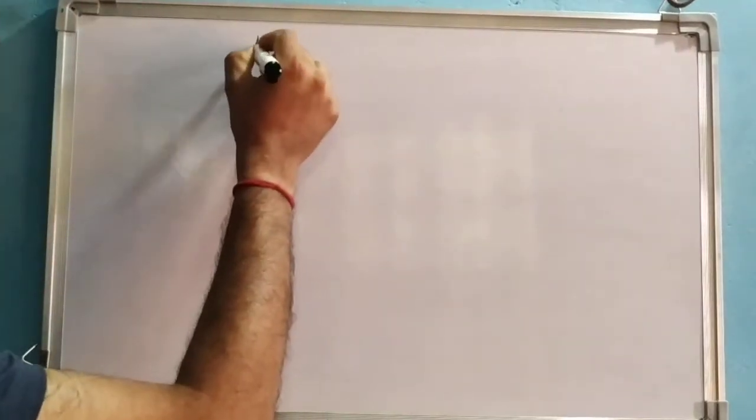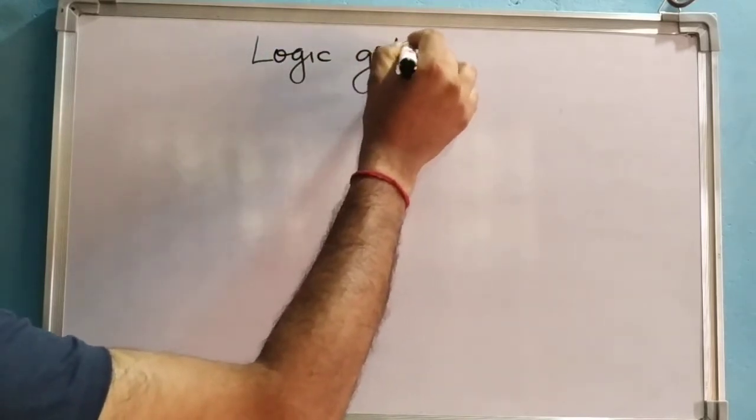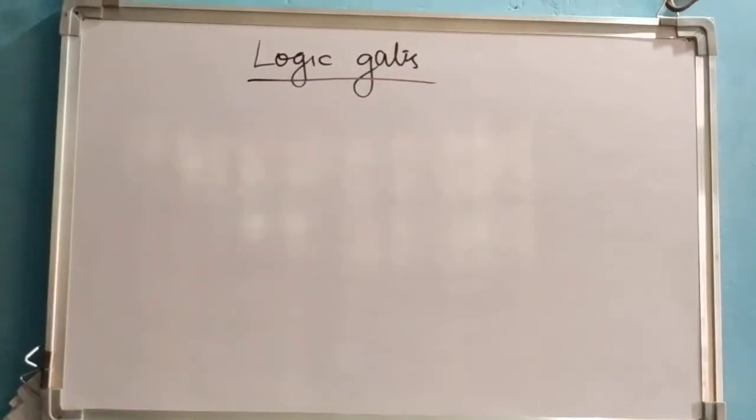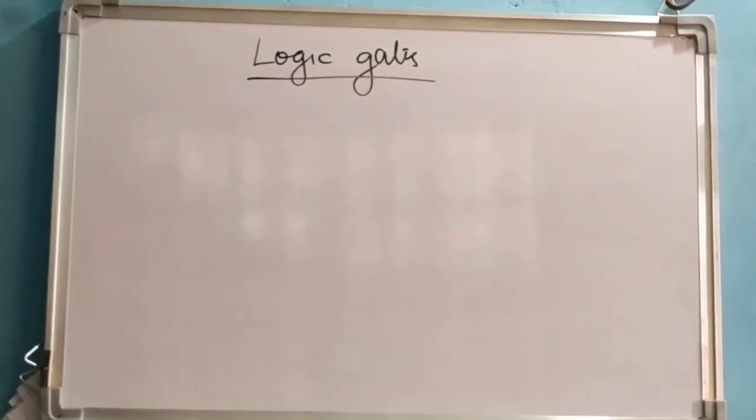Now, what is a logic gate? A logic gate is an elementary digital circuit that gives the result of the propositional operation.